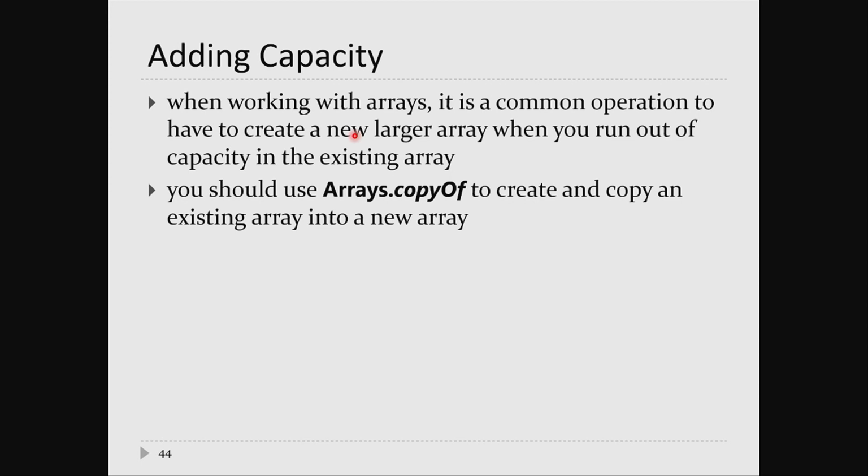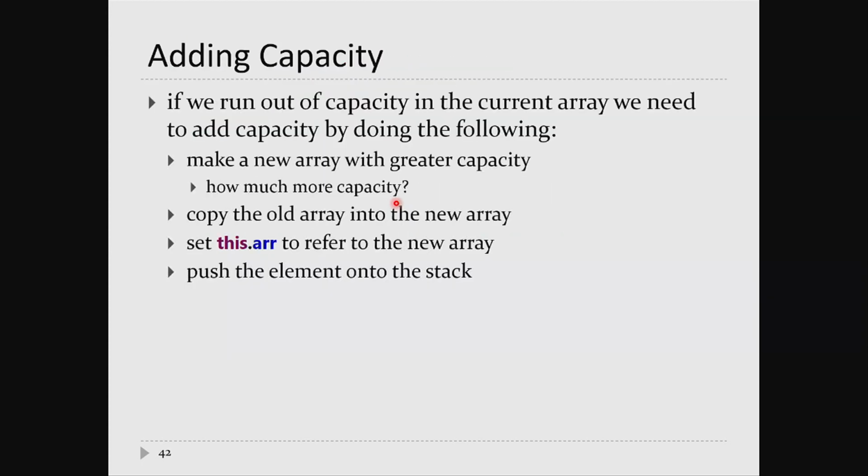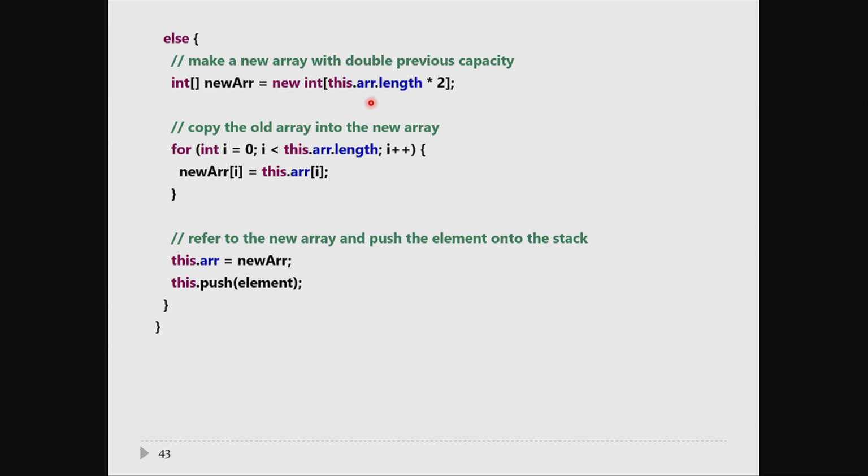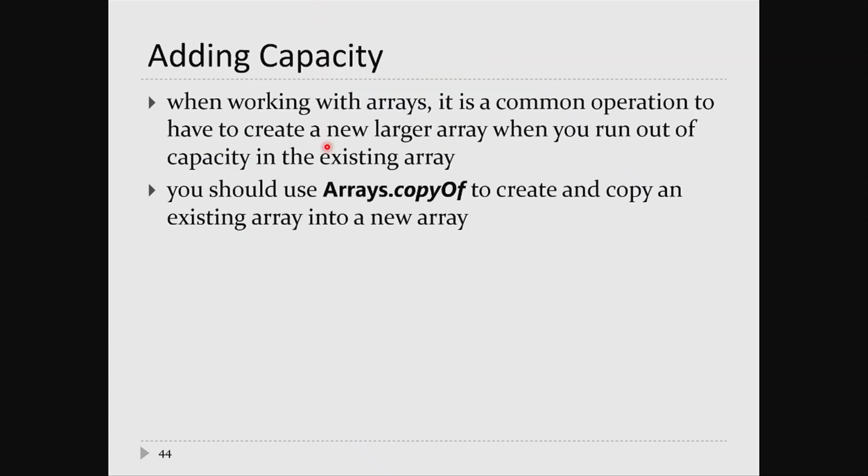So in other words, this is very common. It's so common that the designers of the language library decided that they should put in a method that does all this for you. So instead of allocating a new array and writing a loop to copy all the elements, all of this is packaged up into a method for you.